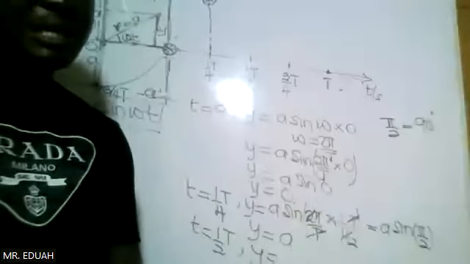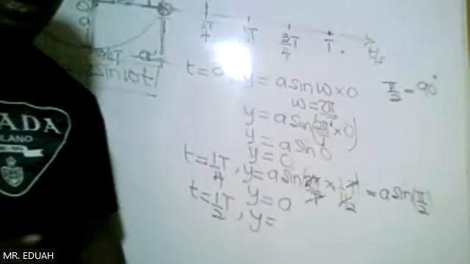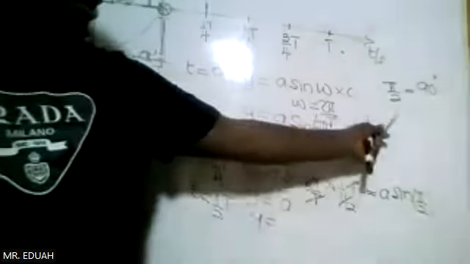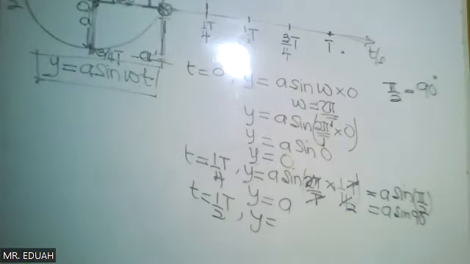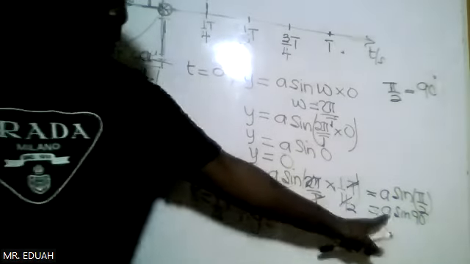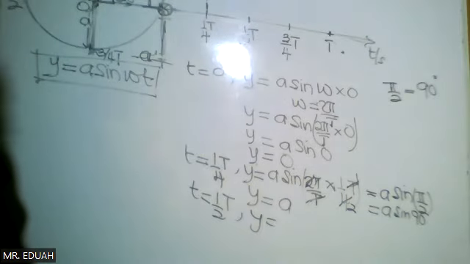And this, we learned it. Some of you know, those of you who couldn't join us, fine. But pi on 2 is equal to 90. If pi on 2 is equal to 90, then you have A sine 90. And what is sine 90? 1. So you have A times 1, and y is equal to A.